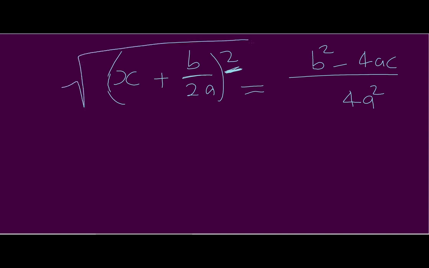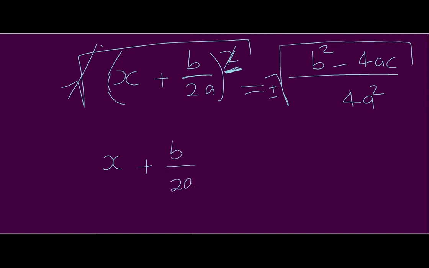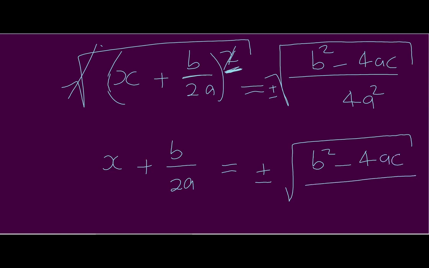So we're going to have something like this, and then on the other side we have a square root, and then this 2 cancels, and we also have plus minus here. And when these cancel, on this side we have x plus b over 2a equals plus minus the square root of b squared minus 4ac, divided by 4a squared.